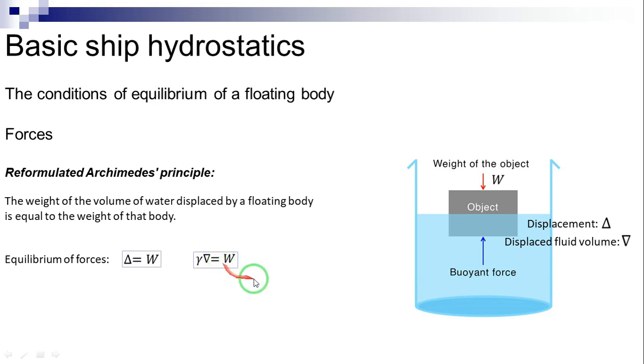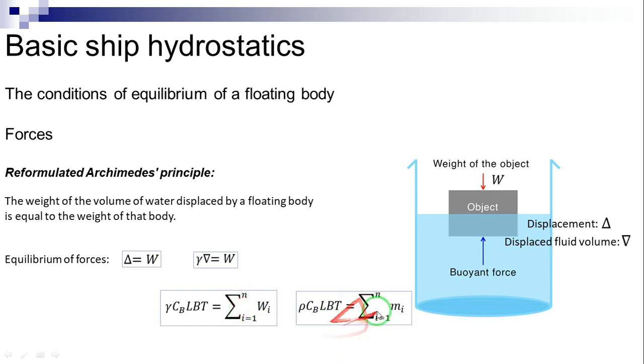This equation can be written as we can see here, where Wi is the weight of the ith item in the floating body. Also, gamma here is in fact the specific weight of the fluid. From this equation, it is possible to compute the draft of the floating body. Note that this equation can be written in terms of mass as we can see here.